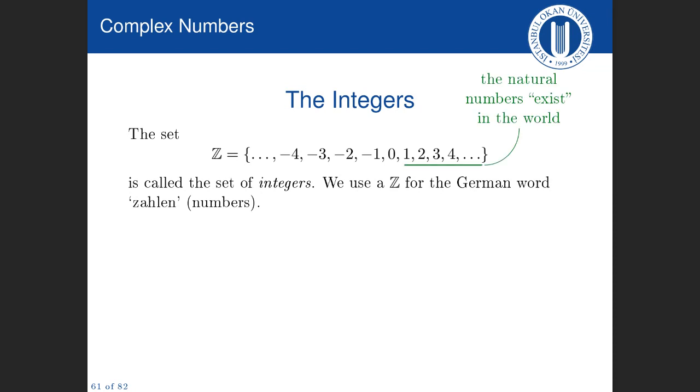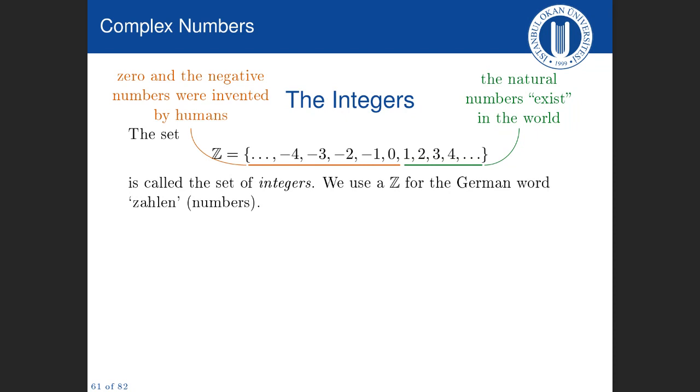Now, the way I want to think about this is the natural numbers are numbers which exist in the world. We could count things. We could have 7 cakes or 3 stones or 12 pens. We could have whichever objects we have in front of us, we could count them, and these would be natural numbers. The other numbers here, 0 and the negative numbers, were invented by humans.